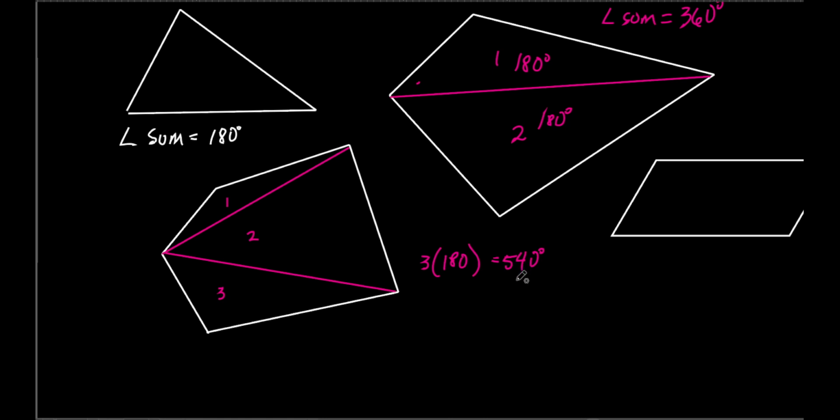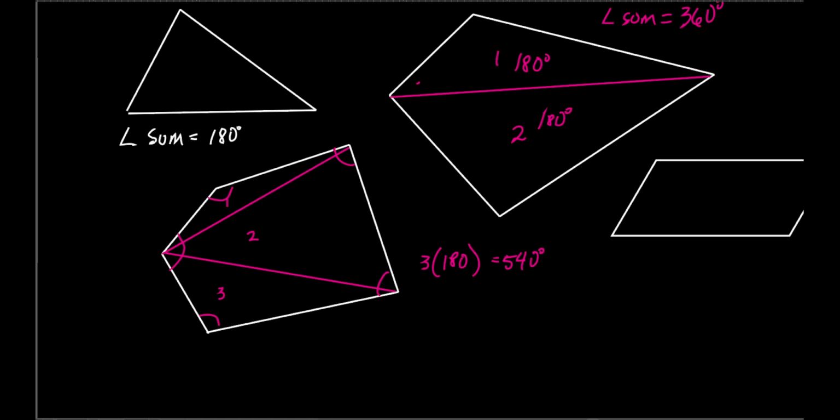540 degrees, okay? So if I add up all 5 of these angles, I'm just going to put one arc for each. It doesn't mean they're all equal to each other. I'm just marking the angles. So if I take this angle, this one, this one, this one, and this one, all 5 of them, what are they going to add up to be? They're all going to add up to be 540 degrees. We can figure out the sum of the angles of any convex polygon.